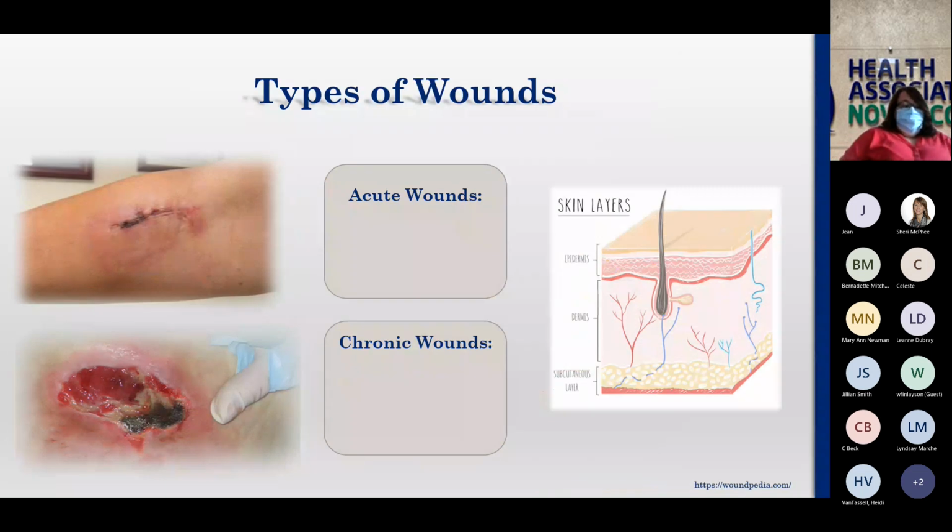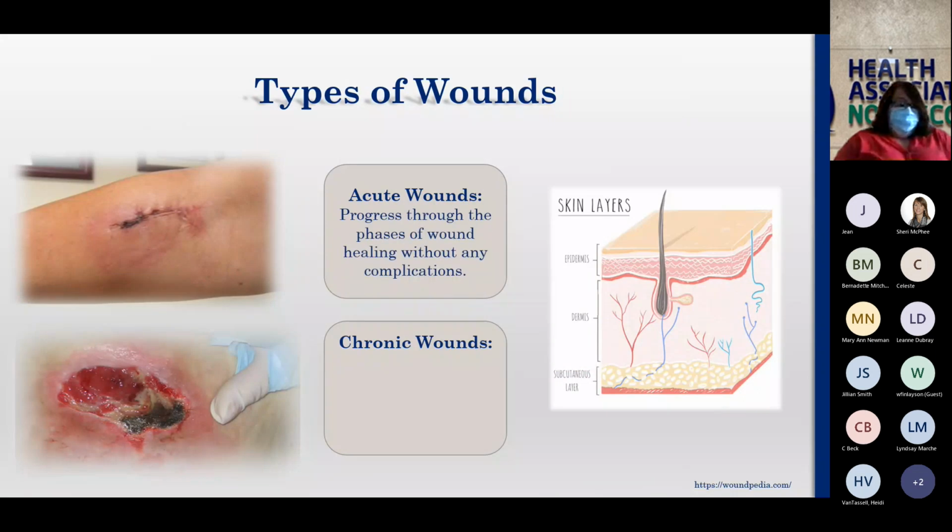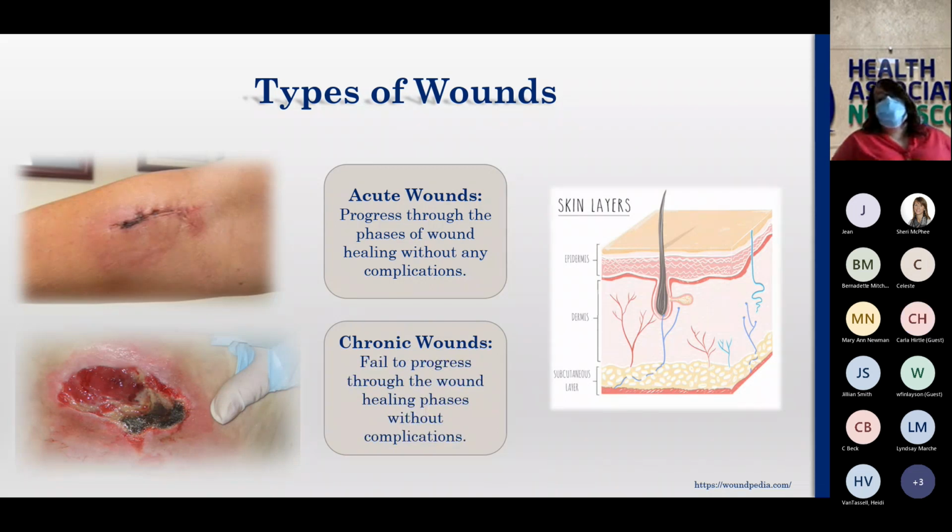So as you may recall from Wound Care 101, Part 1, there are 2 types of wounds, acute wounds and chronic wounds. Acute wounds progress through the phases of wound healing without any complications. And chronic wounds are ones that fail to progress through all the phases or to do so without complications.